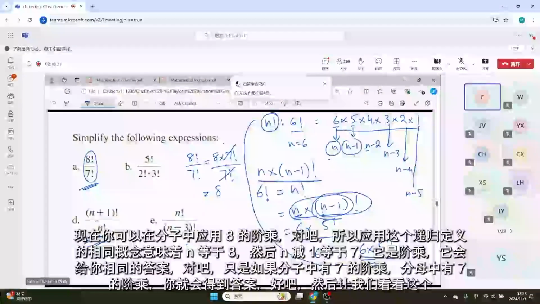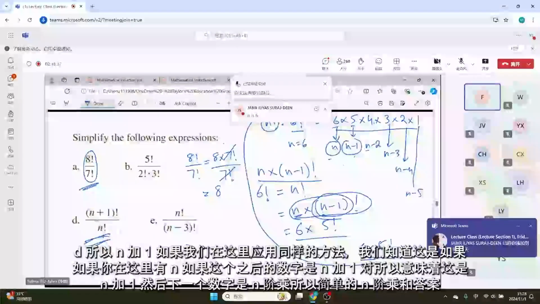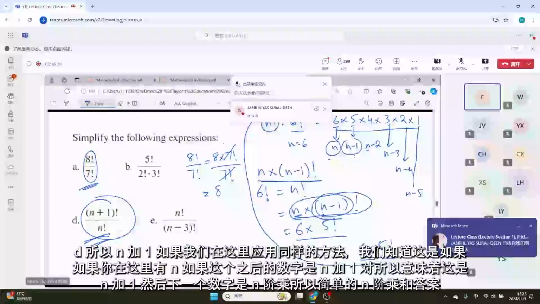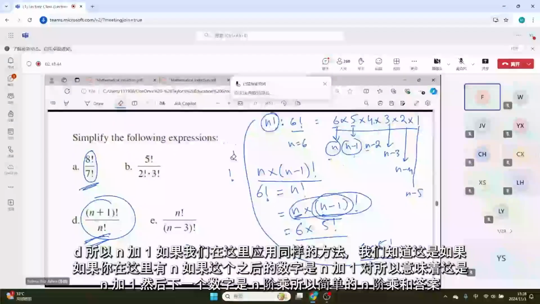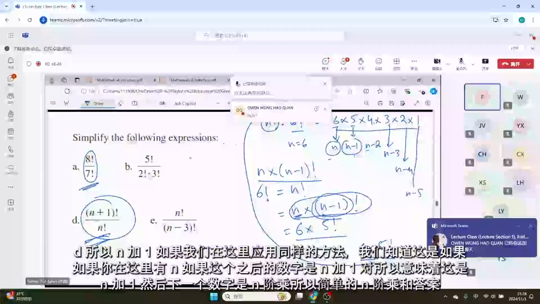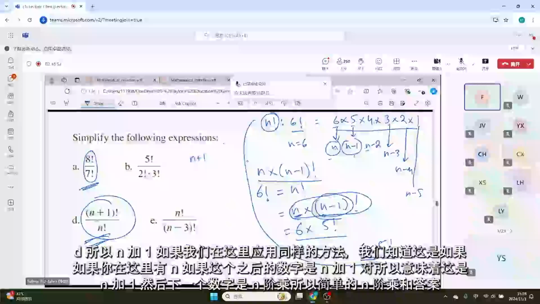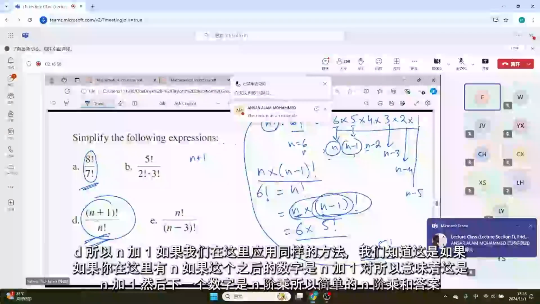Okay. And then let's look at this one, D. So n plus 1, if we apply the same over here, we know that if you had n over here, the number after this is n plus 1, right?